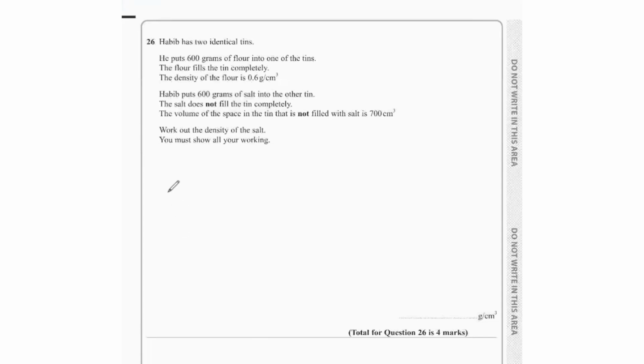So we have 2 identical tins, and he's putting 600 grams of flour into one of the tins, and the density of the flour is 0.6 grams per centimeter cube. So you need to remember that the volume is not going to change because the tins are identical. So if you find the volume of the first tin, that's going to be mass over density.